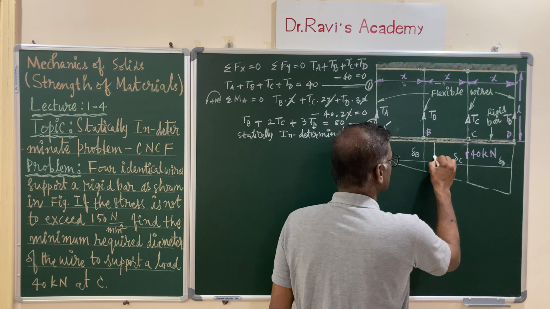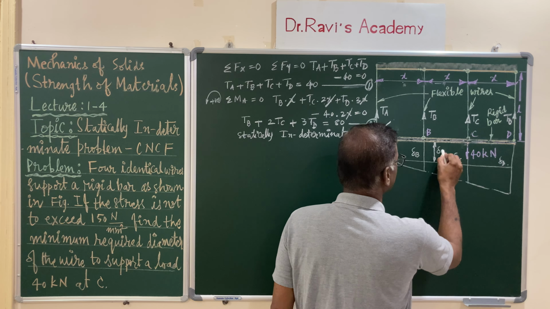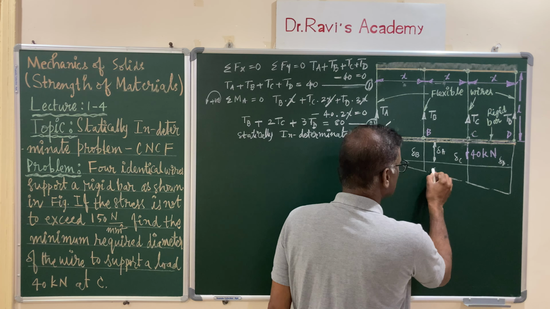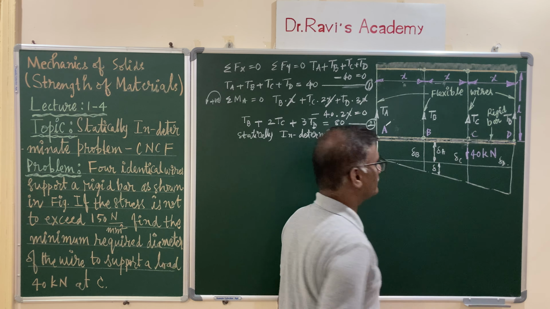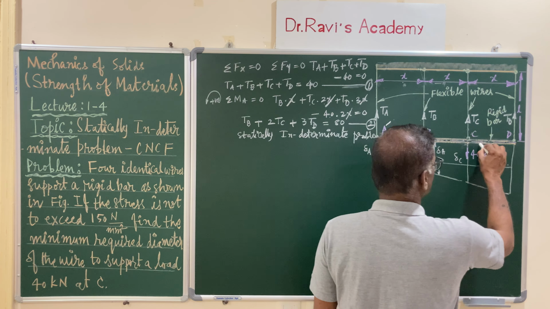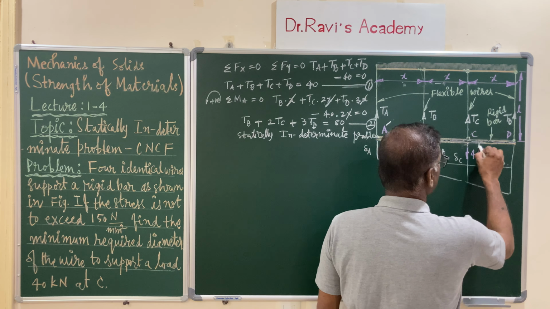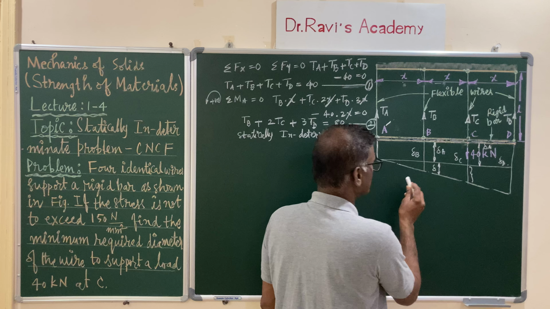Here, let us look at this. This height is delta A, and this is some additional deformation. You want to calculate that value. Similarly, here also you have delta A, and this length is from similar triangles.